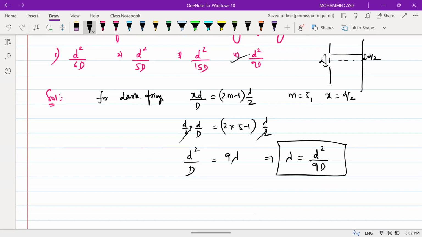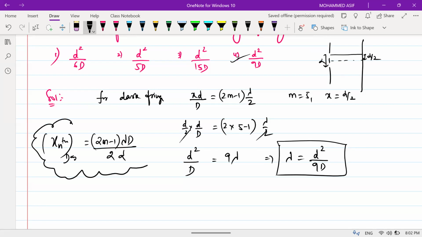Fourth. What is the dark fringe formula for me? X nth dark is equal to (2m minus 1) into lambda into capital D divided by 2 times your small d. See how simple it was.